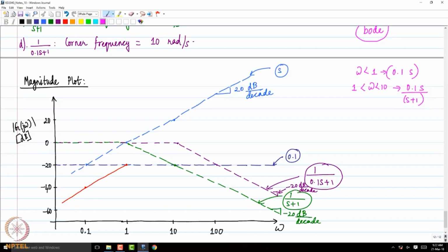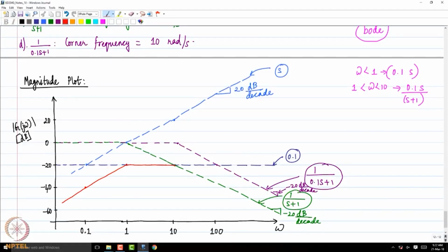So in essence, my magnitude will remain constant at minus 20 decibels till I reach the corner frequency of 10, right. I hope it's clear how we got this.